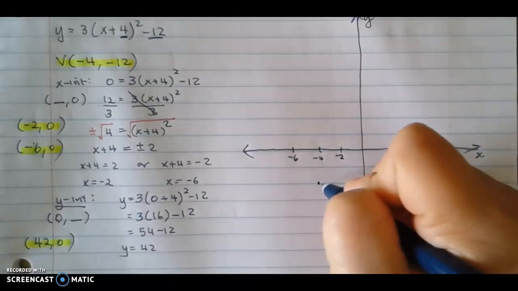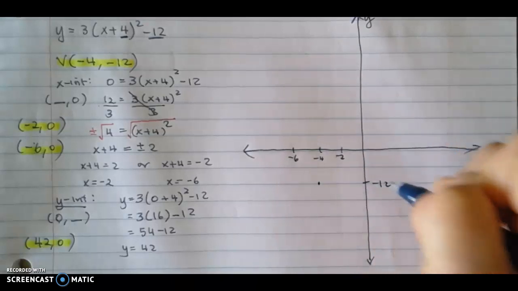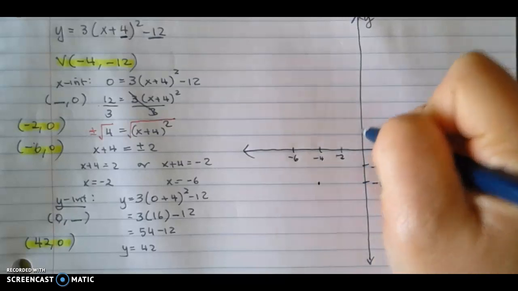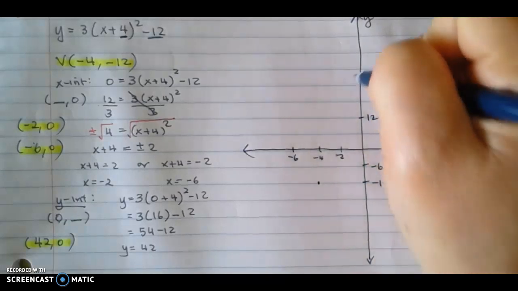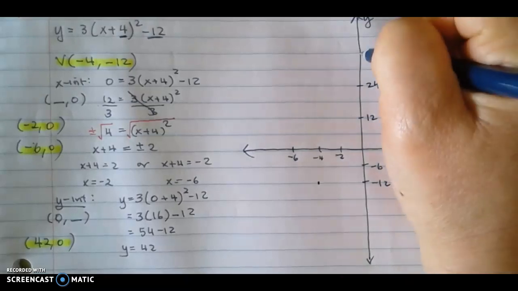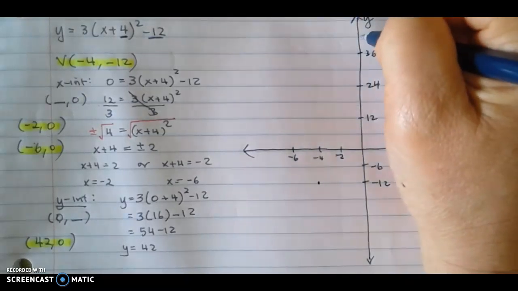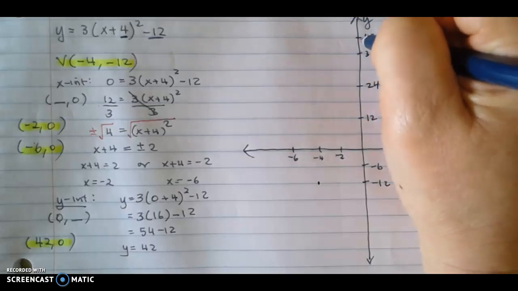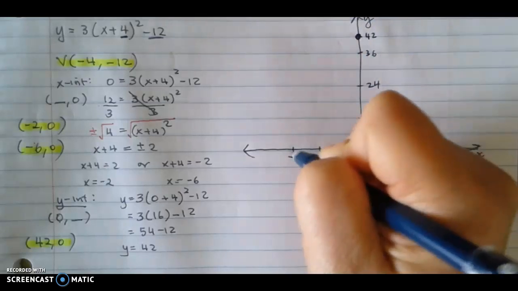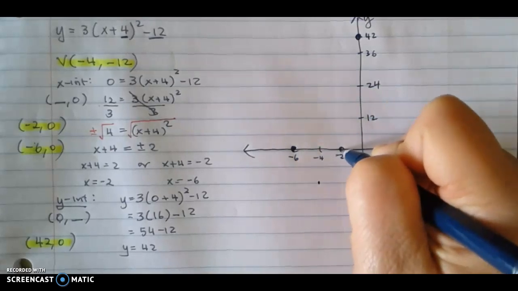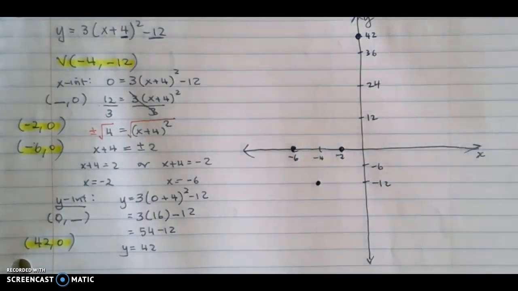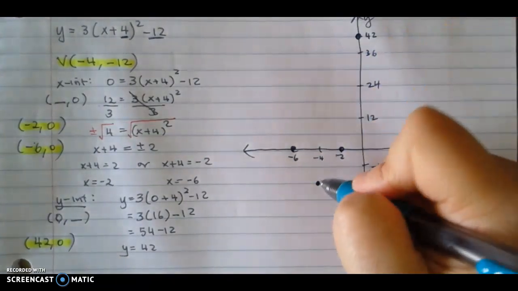Let's call this -12 here, so that's going to be 12, 24, 36. 42 is going to be yet another 6 from here. That's 42 here. So that's one point here, another point here, another point here, and another point here.